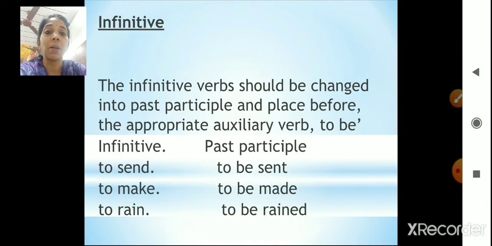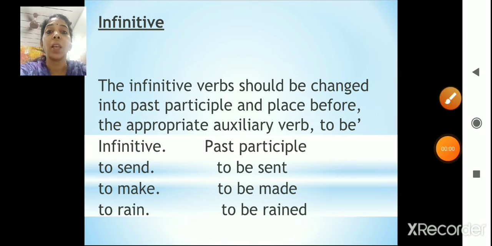Now let's see the other part, infinitive. What is this infinitive? The infinitive form of a verb is the verb in its basic form, and it is usually preceded by to. To run, to laugh. So the preposition to precedes it. Now, see the examples.